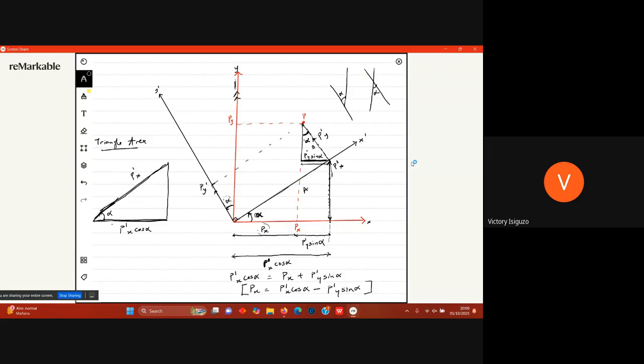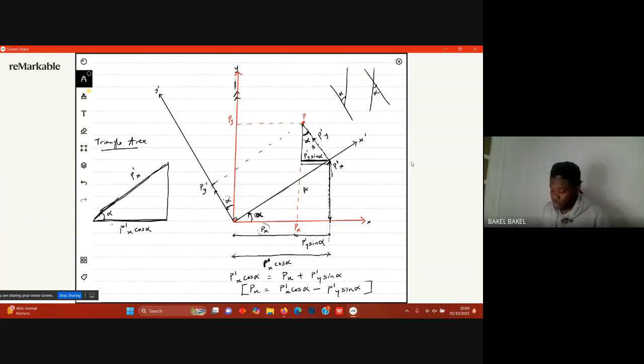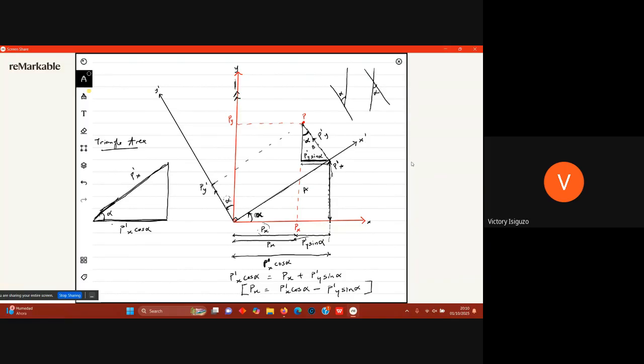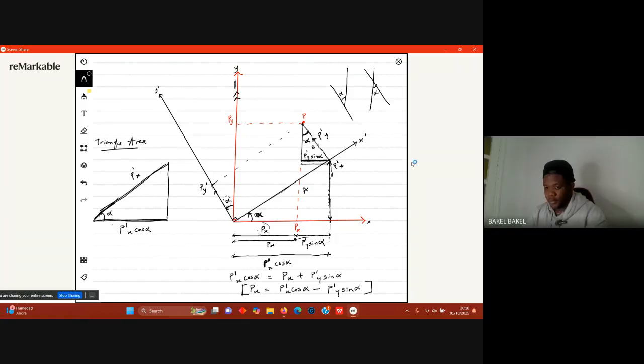Or am I looking at it wrongly? I think you are, because from here to here is px. Okay, yeah, I missed the reference. I was looking at the end. Yeah, thank you. Okay. Can I move on?